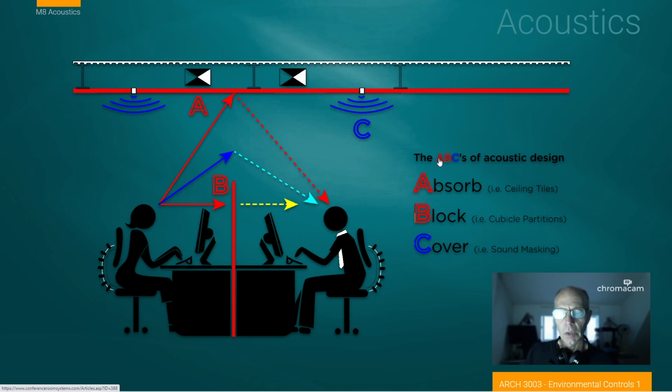So we talk about these ABCs. We want to absorb the sound, by an acoustical ceiling that soaks up sound, block it by a physical barrier, and then cover it with sound masking. So that sound masking can be air going through the HVAC system.